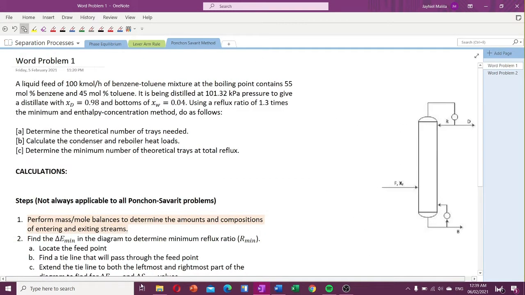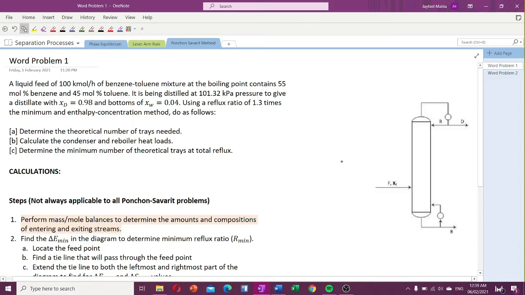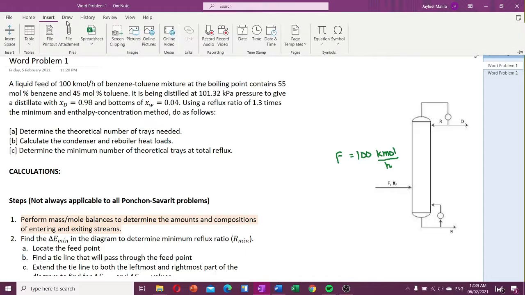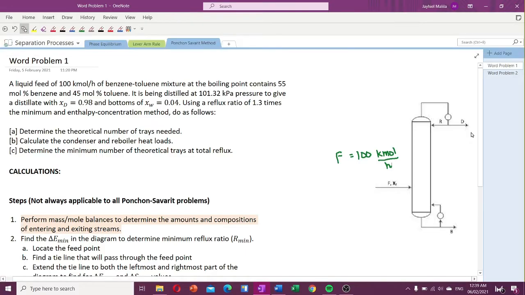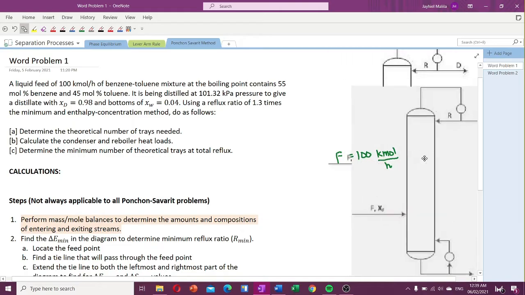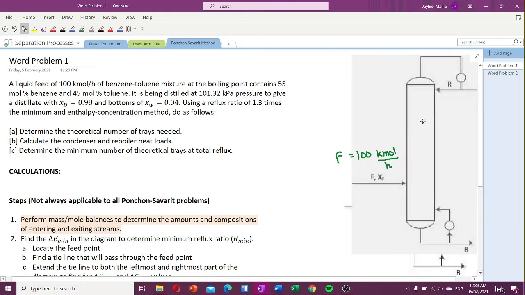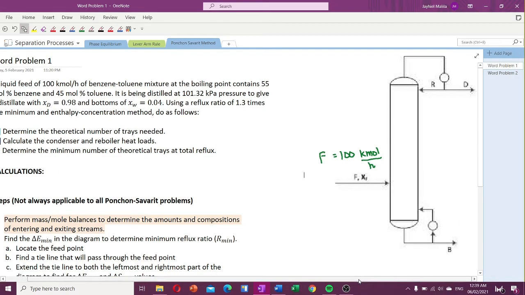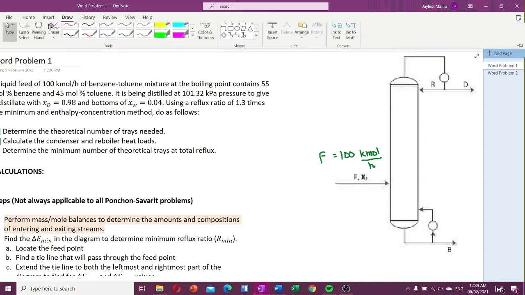The amount of feed is 100 kilomoles per hour. I think it would be better if I make the drawing bigger. I downloaded a drawing from the internet in advance because I don't want to be burdened by drawing a faulty image.